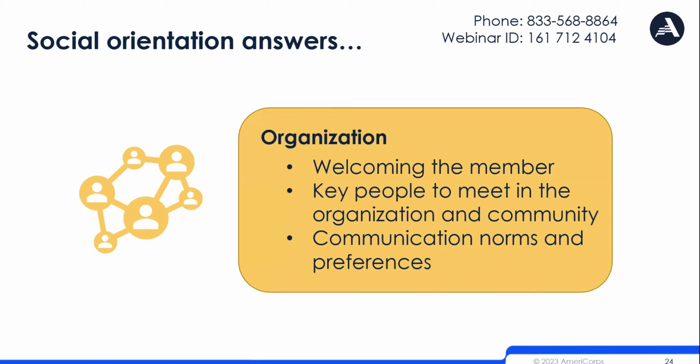Guiding members to these key contacts will help them establish relationships and begin figuring out how they're going to work and communicate with them during their service year. These relationships will help them and the project be successful, so investing time in social orientation is time well spent.